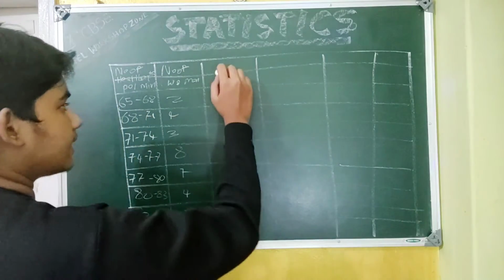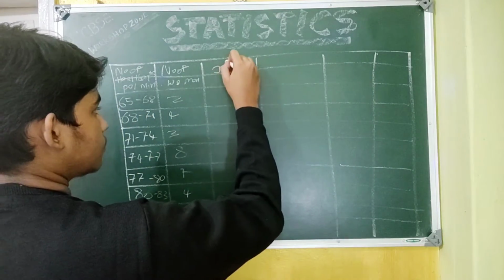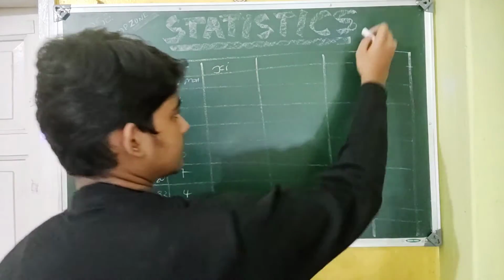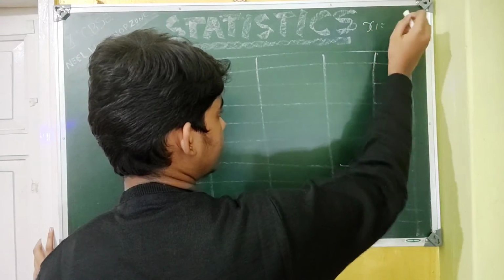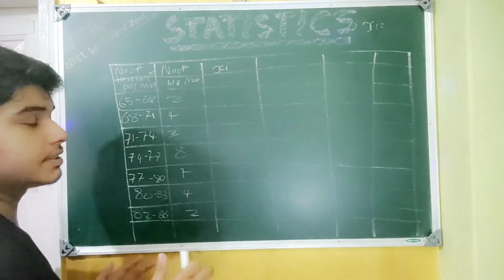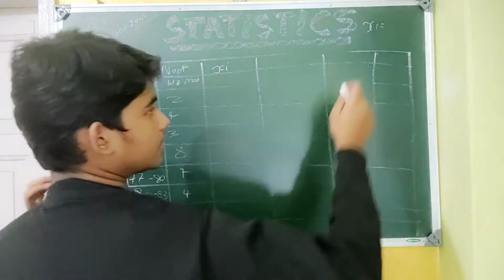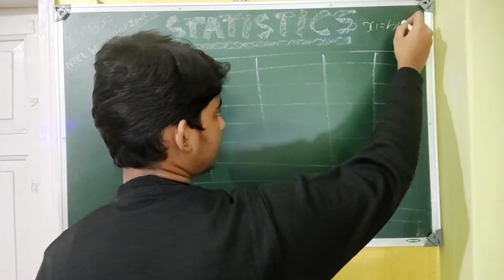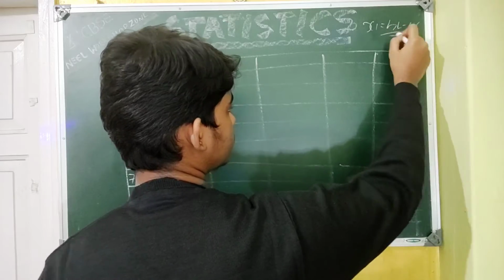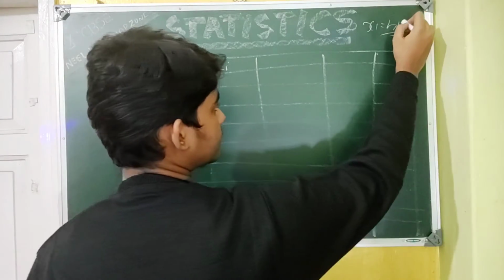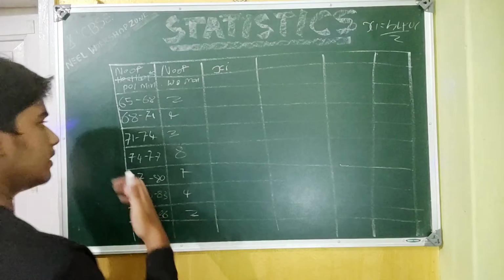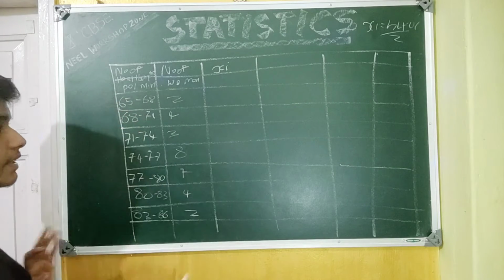So first let's write Hi. Hi is basically the highest limit plus the lowest limit by 2. I said minus at first, but I meant HL plus LL by 2. So we need to add both of these values and then divide them by 2.